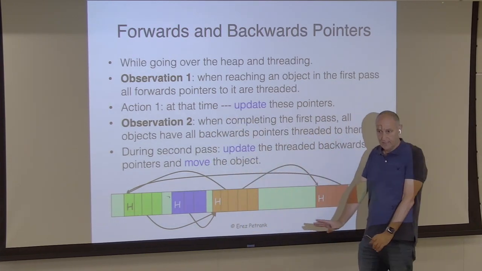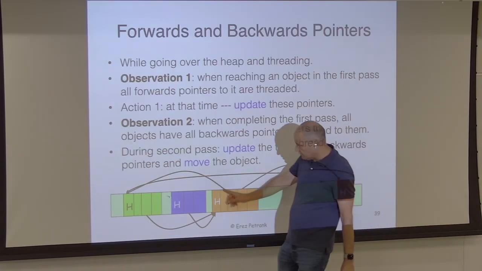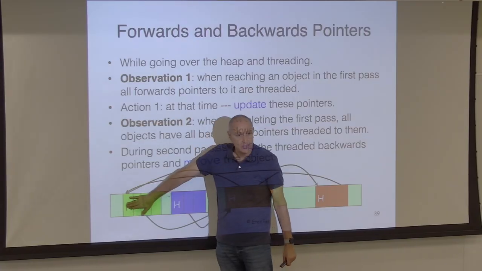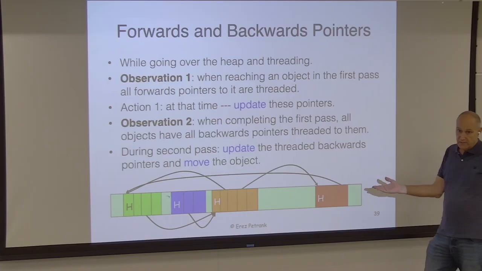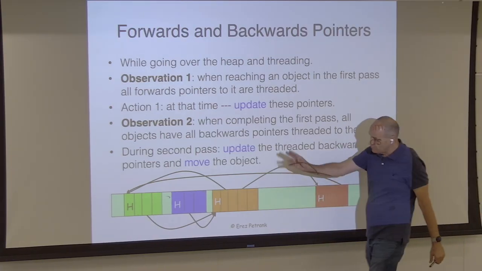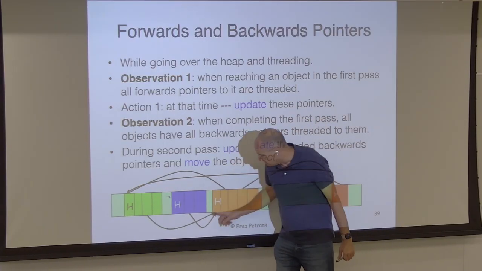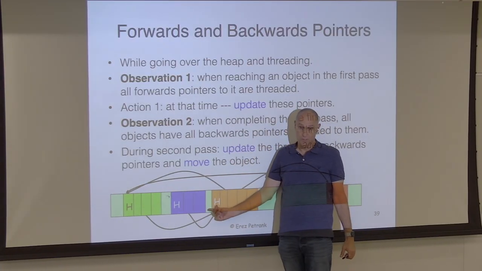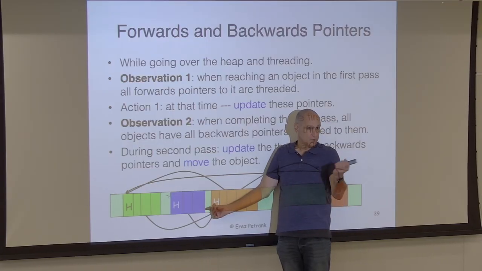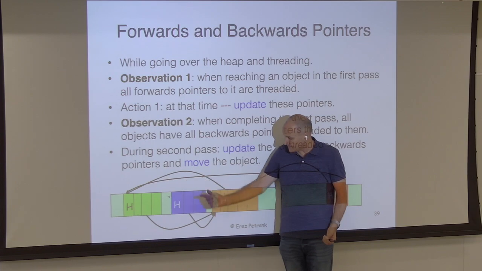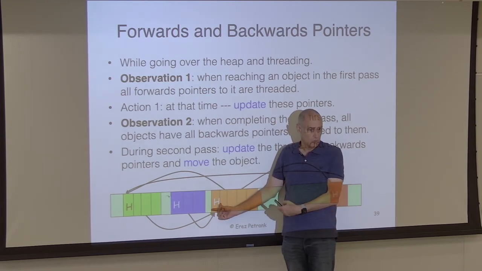I haven't handled it in the first pass. It's going to be threaded there. If there is a backwards pointer here, I know it will be threaded to here when I finish the first pass. Forwards pointers I've handled because when I got to this and there was something that pointed to it, it was already threaded to it when I first saw it, and I fixed it, I handled it. I removed it from the threaded list, and I fixed it to point to the new address of the orange object.